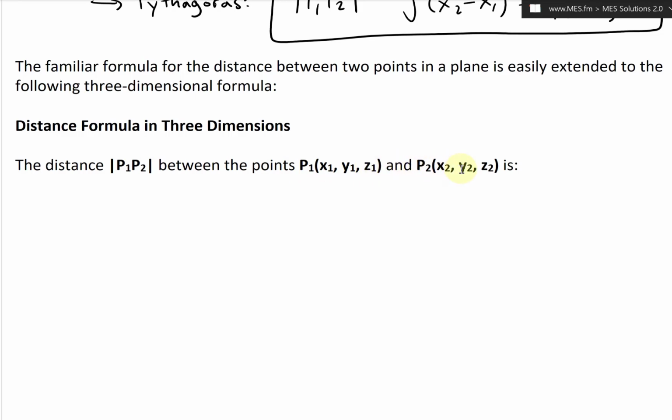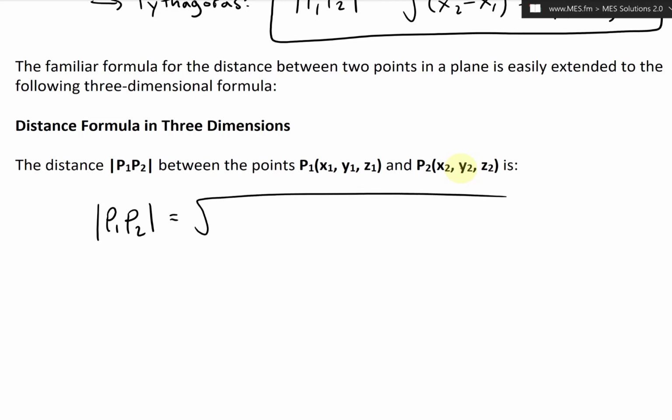The absolute value of P1P2 is the distance. This equals the square root of x2 minus x1 squared plus y2 minus y1 squared plus z2 minus z1 squared.